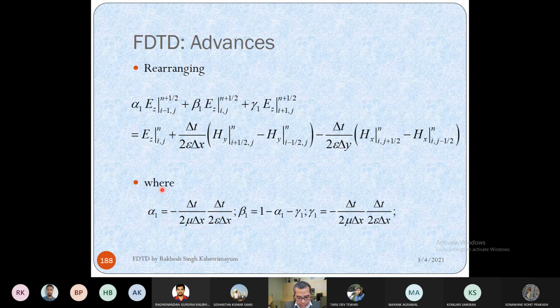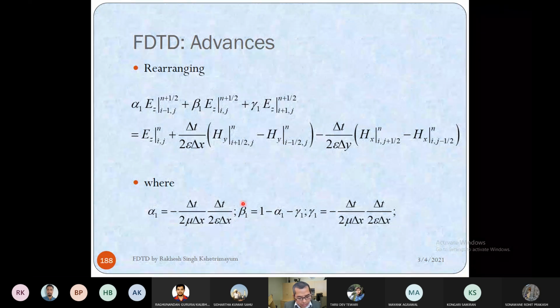These are material dependent parameters. Beta 1 is 1 minus alpha 1 minus gamma 1. So alpha 1 is a material dependent parameter, similarly beta 1 will also be a material dependent parameter, and gamma 1 is also a material dependent parameter. So alpha 1, beta 1 and gamma 1 are material dependent parameters.